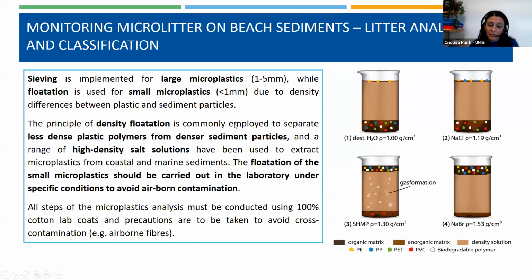According to the different density of the plastic polymers, they will float in the container where you perform the analysis, and then the sand and the organic matter will sink to the bottom.